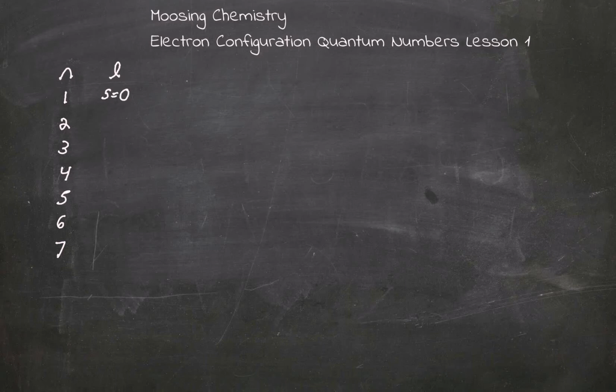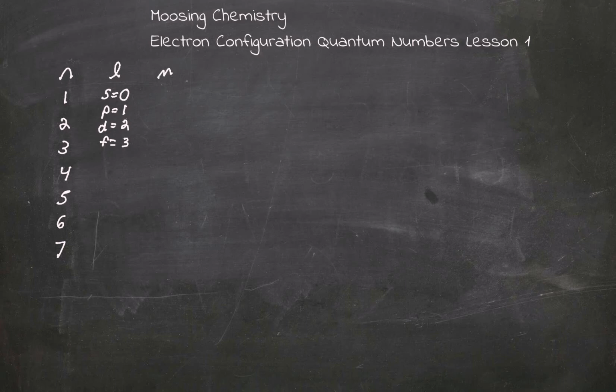If you're a P block element, your value is 1, D block 2, F block 3. The magnetic number is talking about its orientation on the axis, and we'll get a little more of that in a few minutes.